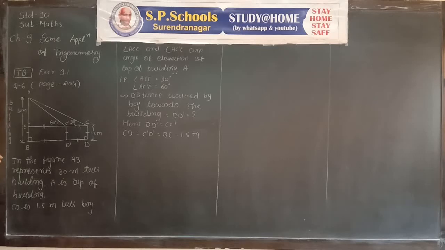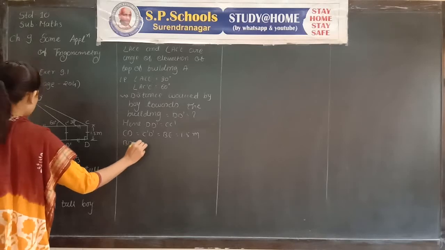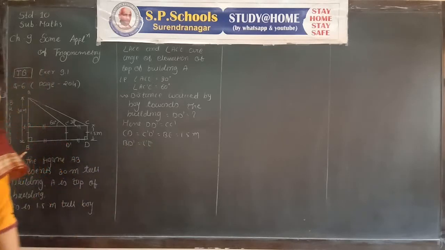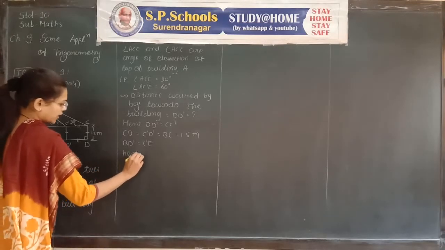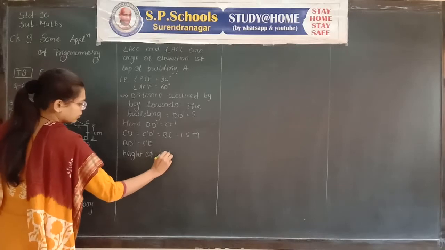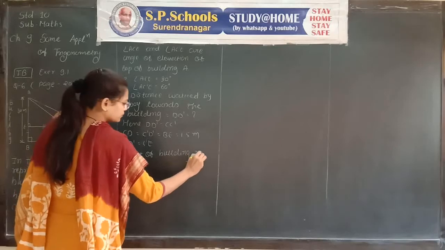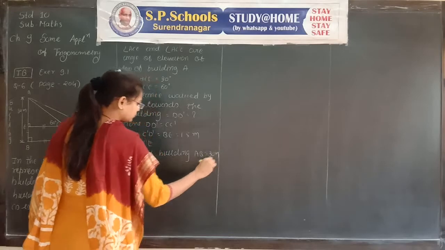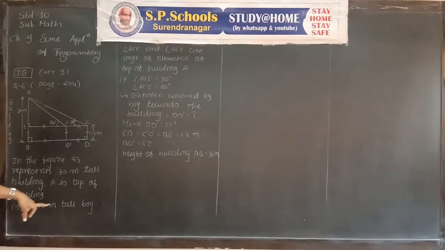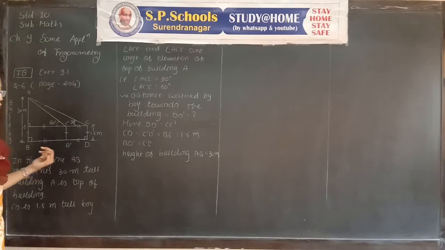Okay. Now what about the next thing? Next thing is that BD dash equals C dash E. Completed. Height of the building is given. Height of building AB equals 30 meter. The 1.5 meter tall boy represents CD. We need to find the distance walked by the boy towards the building, meaning D to D dash.